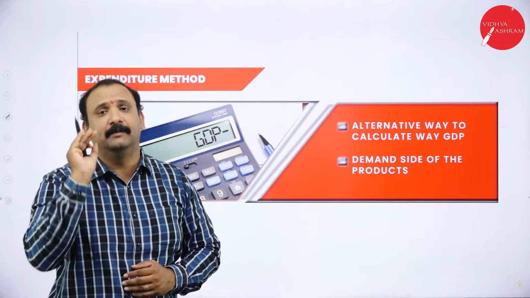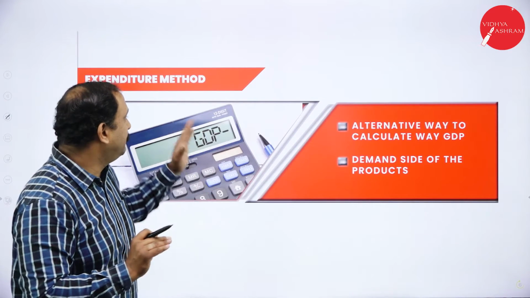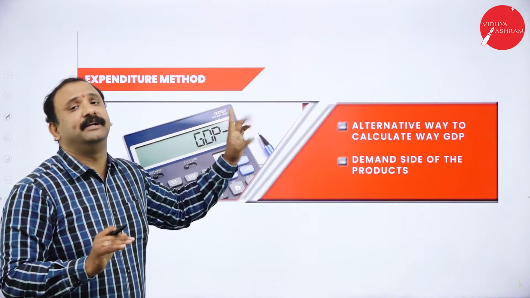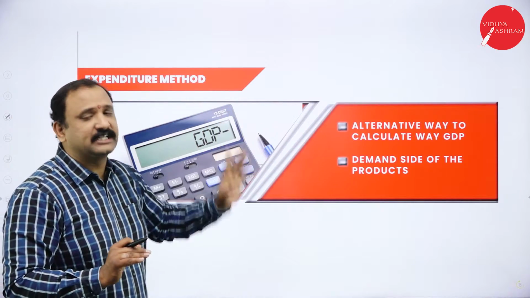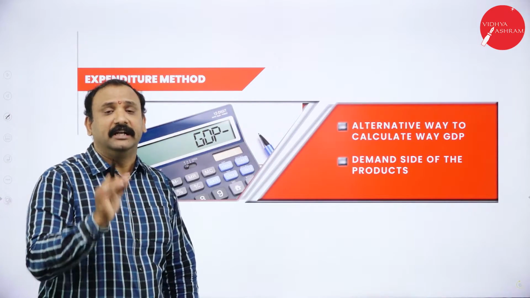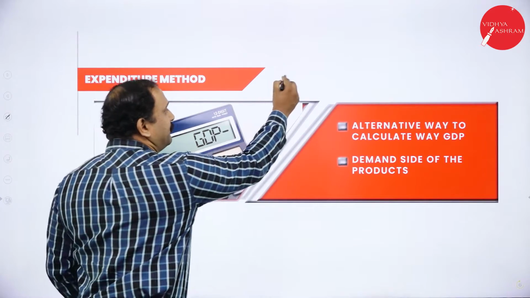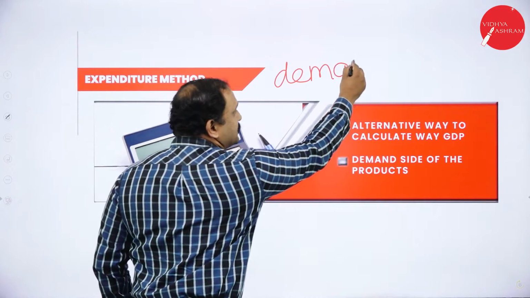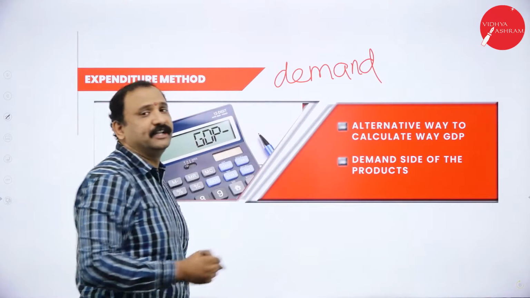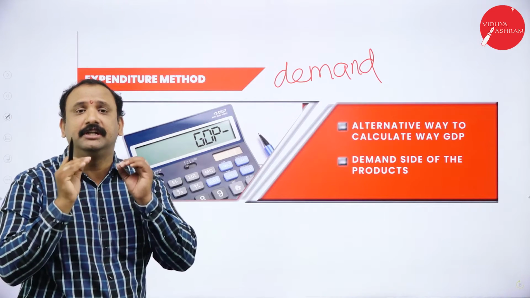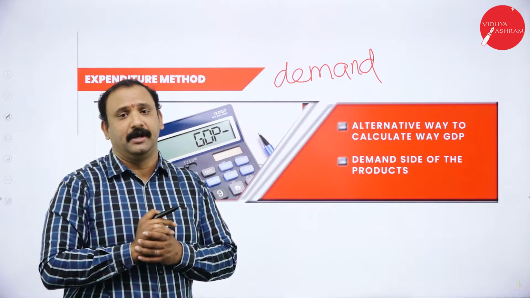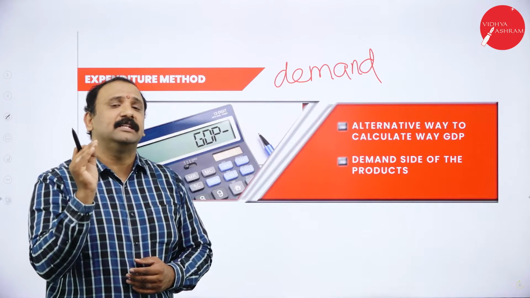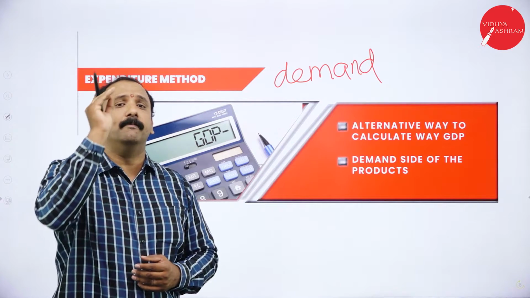So there will be an expenditure that will be taken into account. So that is a very, very important concept here, that there will be a methodology where we need to calculate our expenditure factor. Now, why is this expenditure coming into the picture? It is because of a very simple thought called demand. Demand actually tries to create an expenditure factor. The demand function is very, very important. Why? Because if a product has demand, that means the manufacturer will try to make more of it.